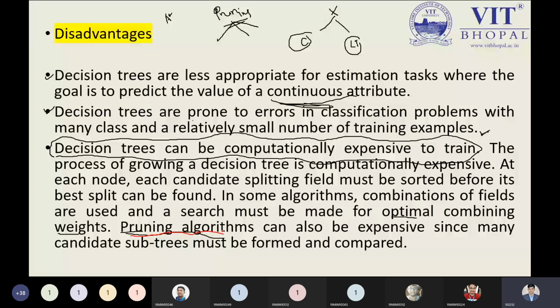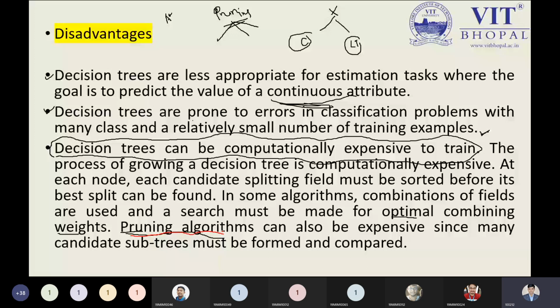Pruning algorithm means whenever you need to search, you have two options: either you choose this one or this one. To find the best attribute, best feature, or best decision, internally it takes much computation. That's a big problem, which is why training the model takes much time.